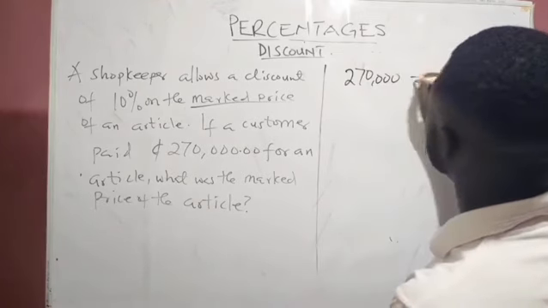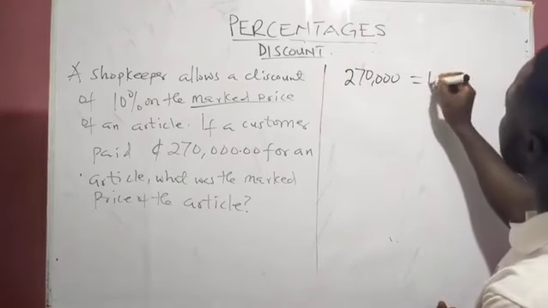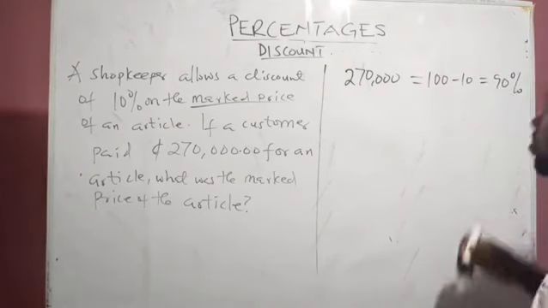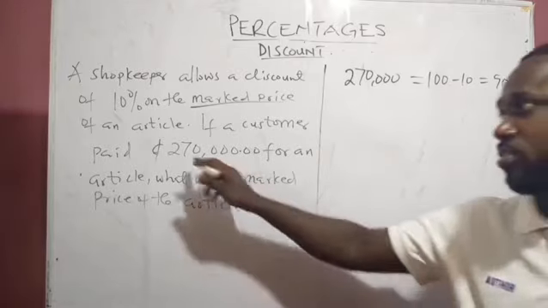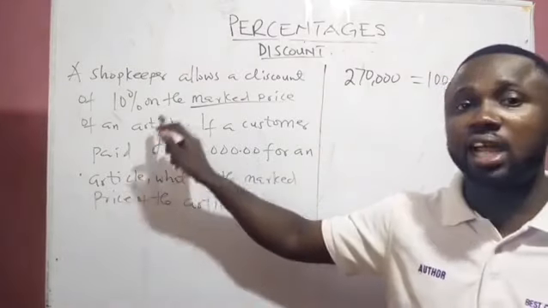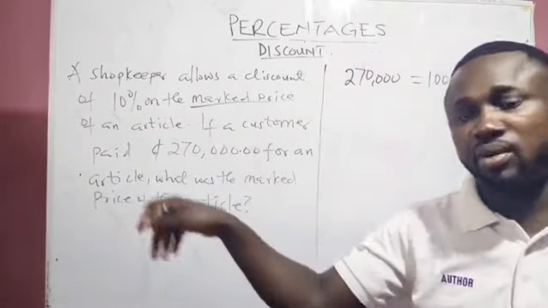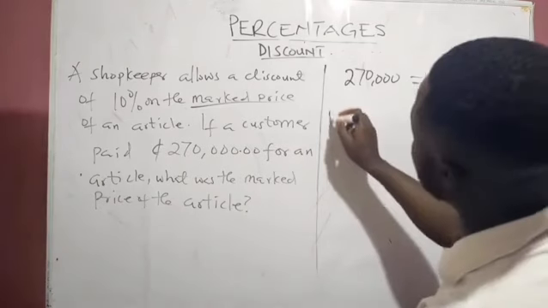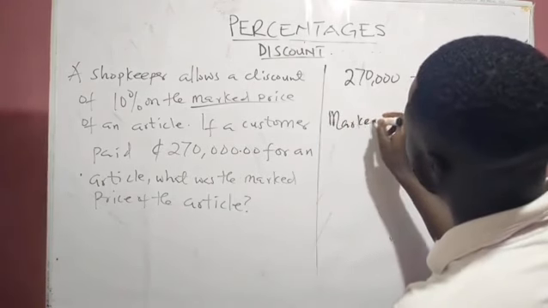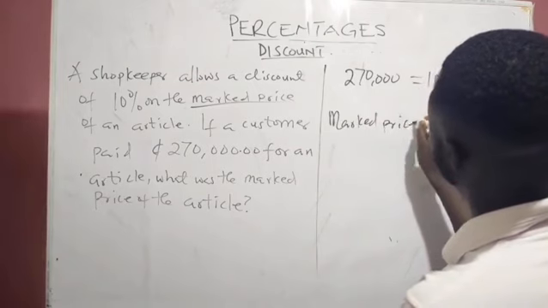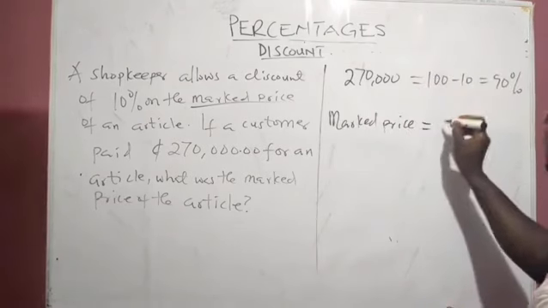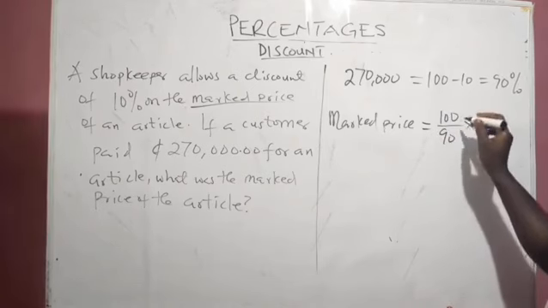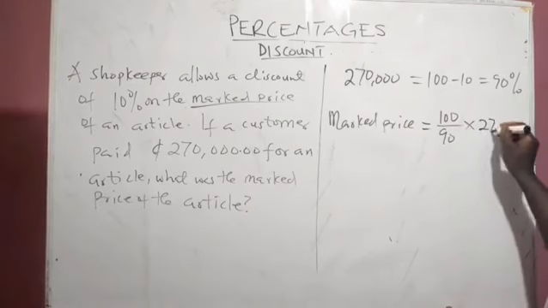What the customer paid? It will correspond to how many percent? 100 minus 10. That is 90%. So the amount the customer paid is not 100%, because the marked price is the 100%. So the customer paid 90%, and you are supposed to find the marked price. So since I'm looking for the marked price, it is already 100%. So 100 over 90 times 270,000.